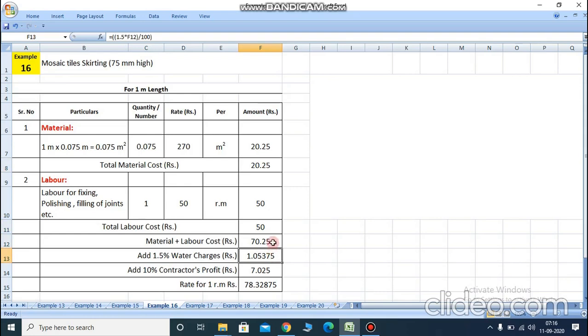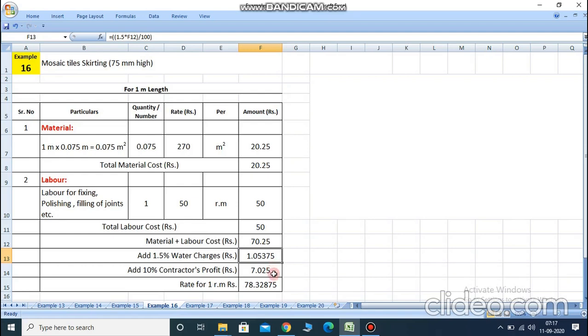So 70.25 multiplied by 1.5%, we got the answer 1.0537 as water charges. Now we add a 10% contractor profit. So here 70.25 multiplied by 10%, so we got the answer 7.025 as contractor profit.